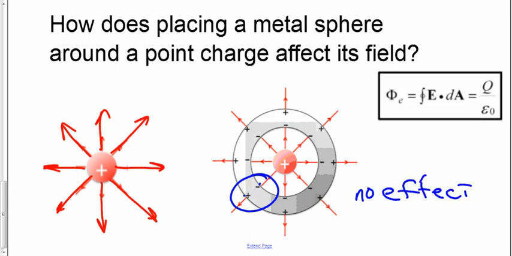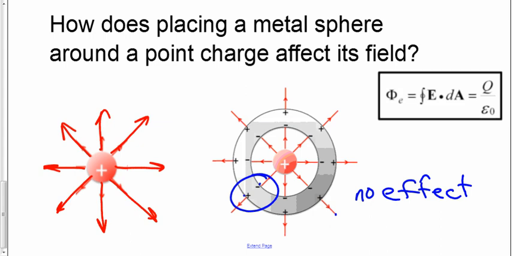By putting that shell around it, we would never even know that the field is any different. The field lines look exactly the same as if the shell were not there at all. And that will be true as long as we didn't bring in a charged shell of metal, just a kind of an empty or neutral shell. So other than that little discontinuity where the metal itself is, we have no change whatsoever.